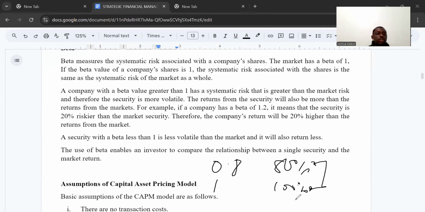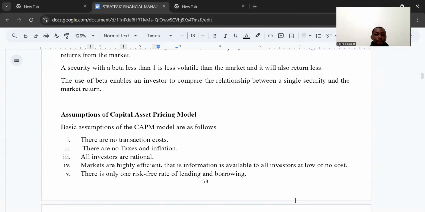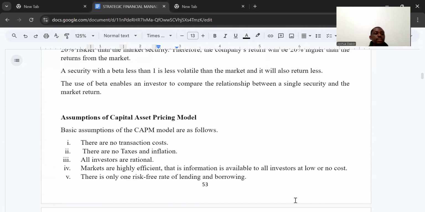Okay. So what are the assumptions of the capital asset pricing model? Number 1 assumption, there are no transaction costs. So all these are assumptions. Basically, in your exam, there are things that you are supposed to know.